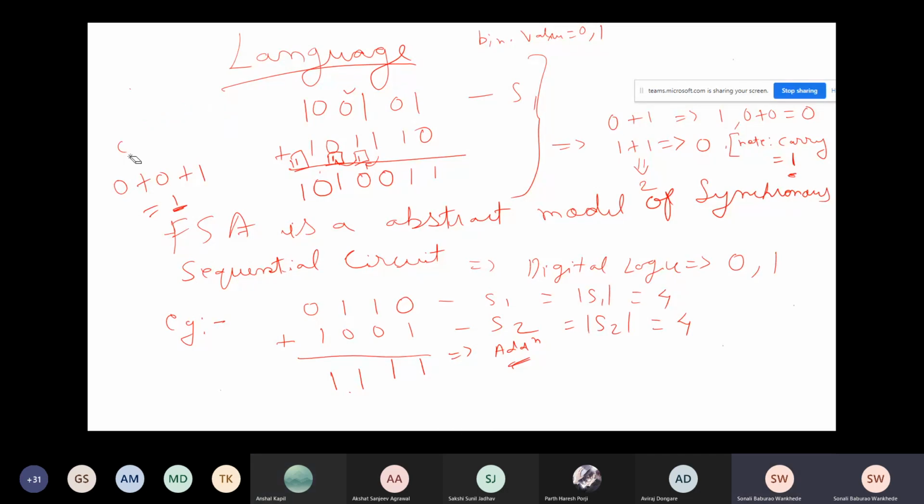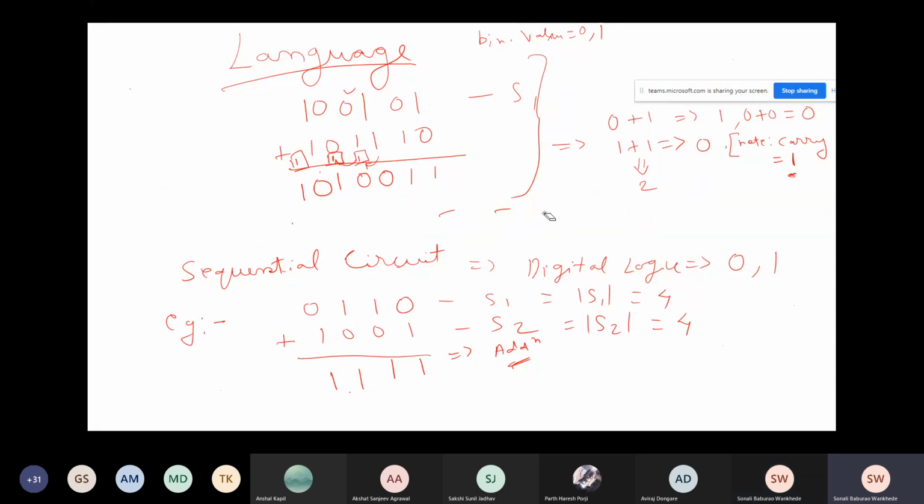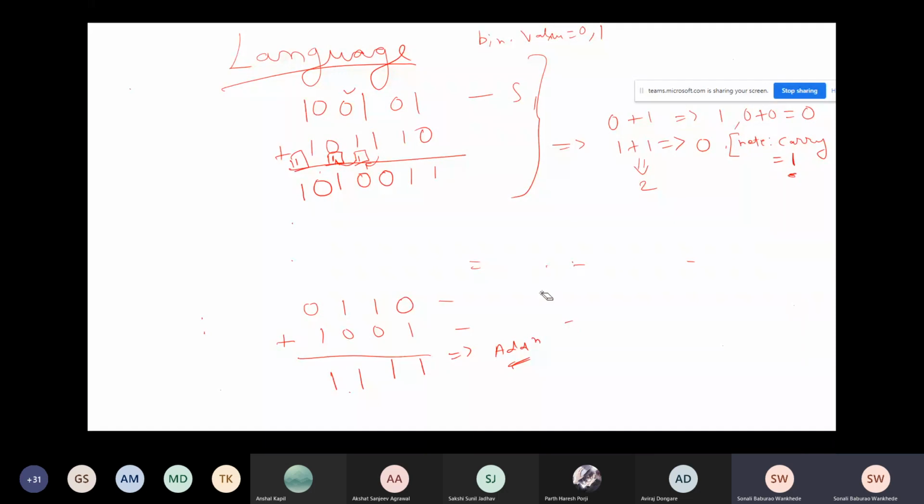Okay. Now let me give you one question on this so that it will assure me that you understood this. Now perform addition, because this course is not yet taught now, so I have to give you slight details of that. Now perform addition of two binary strings.